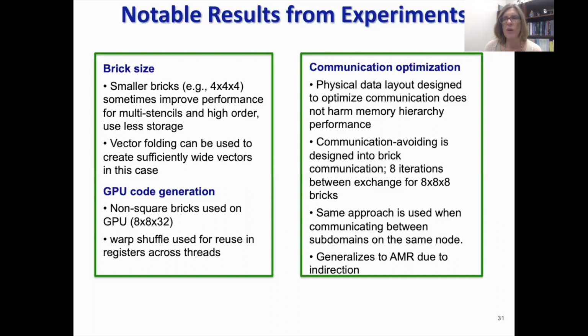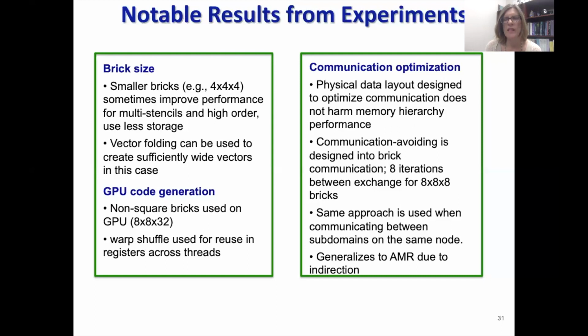So if you have a brick that holds the ghost zone, and say you just need one element per iteration, then it's 8 iterations between exchanges for an 8 by 8 by 8 brick.